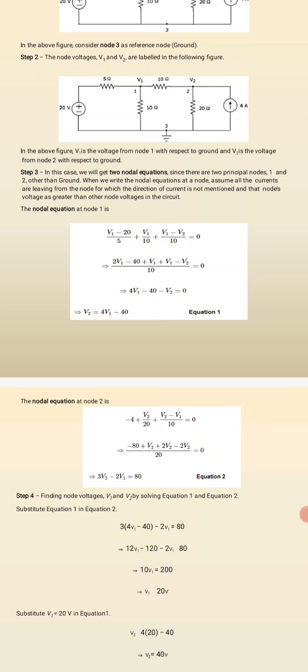According to step 2, we name the node voltages V1, V2 and V3. We calculate the node voltages using Kirchhoff's current law. We have 2 principal nodes, so we write 2 nodal equations, for node 1 and node 2, other than the ground node.